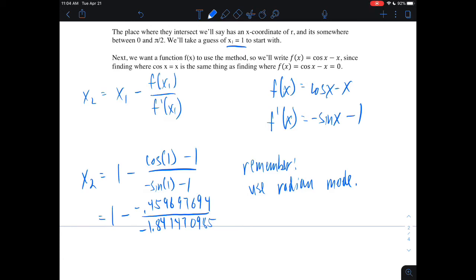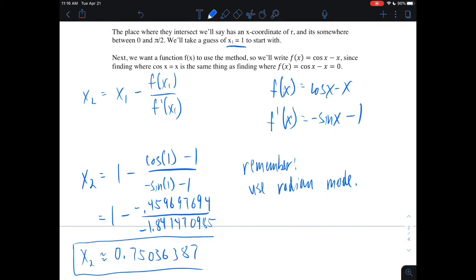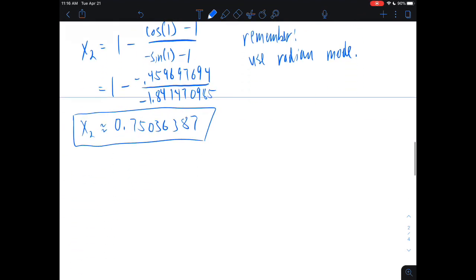So 1 minus the quotient 0.45969769 divided by 1.841470985. And that gives us approximately 0.75036387. So that's x2.